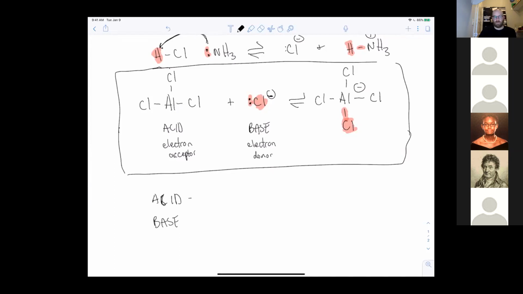For Arrhenius, this really restricts you to water.